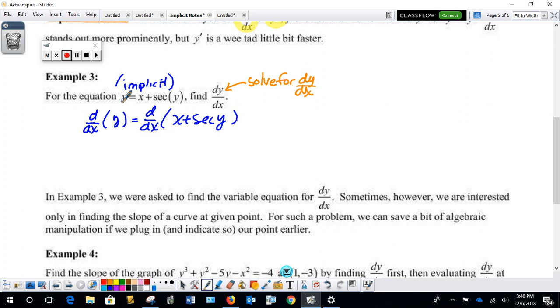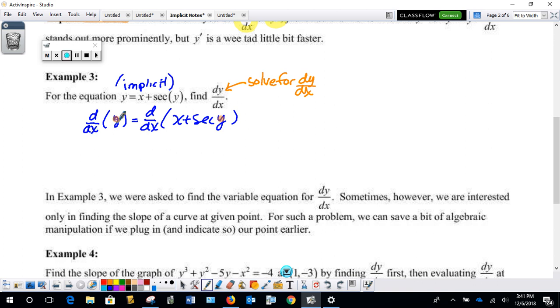All right, after I indicate that I'm going to do the derivative implicitly, I pay attention to any places where I'm going to have to use chain rule, which would be here and here. I highlight my y's because those are functions, so you're going to have to do the derivative of the inside.